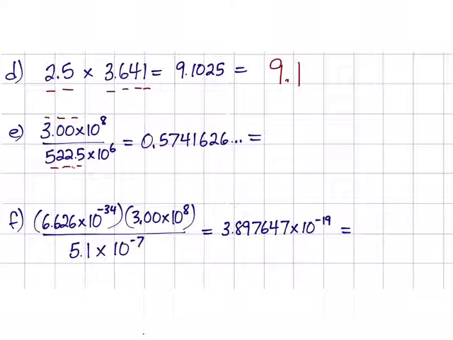And so my answer has to have only 3 significant digits. Leading zeros do not count as significant digits. So with 3 significant digits, the answer is going to be 0.574. Okay. Pause the video and see if you can do the last one on your own.